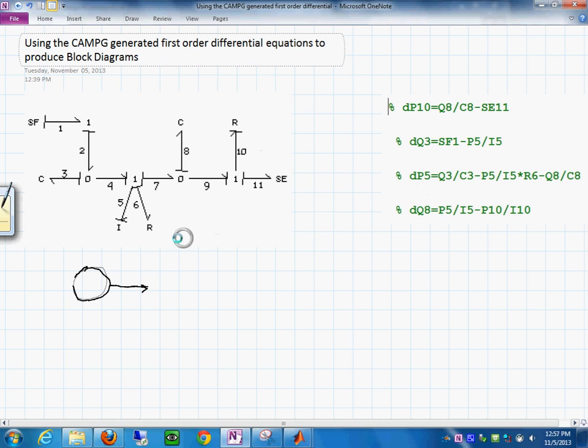The output is going to be d p sub 5. And you see it has 1, 2, and 3 terms. No sources, but you have one. I'm just going to put the 3 terms that are coming into the summation point. This is going to be q sub 3 over c sub 3. The second one is going to be minus p sub 5 over I sub 5.